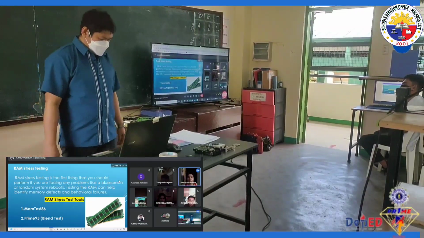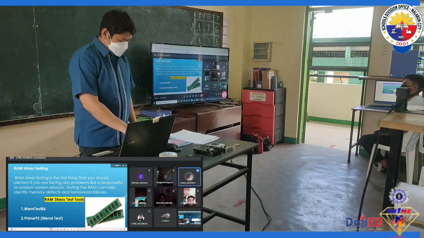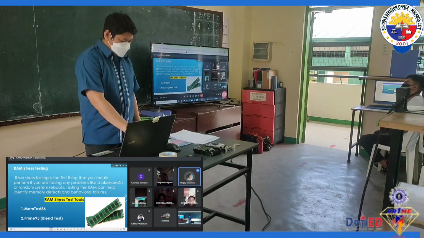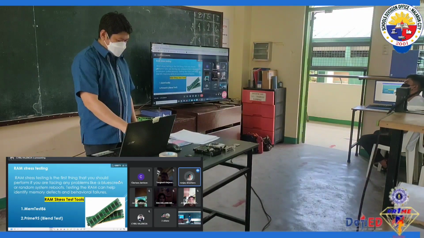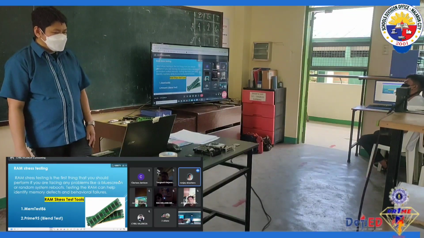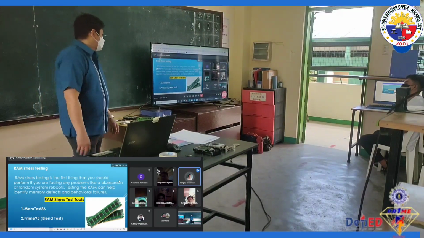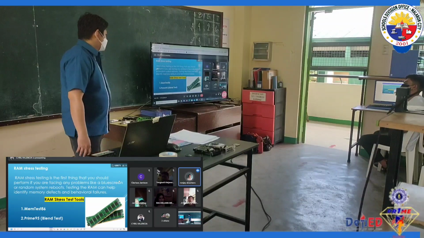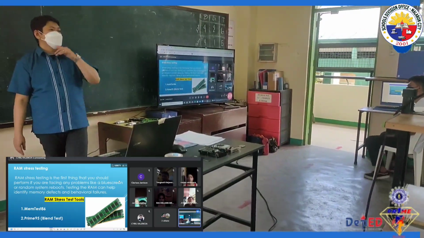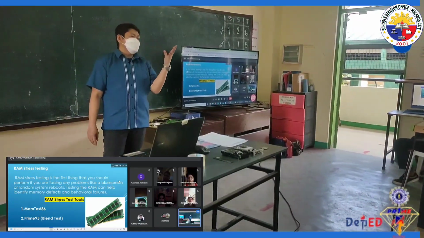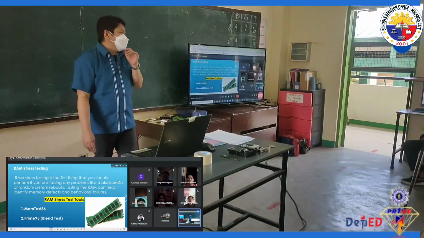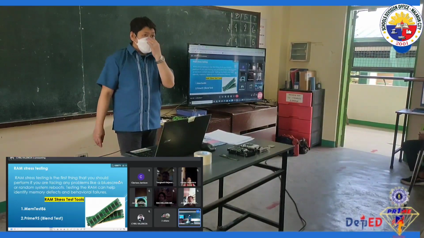RAM stress testing. RAM stress testing is the first thing that you should perform if you are facing any problems like a blue screen or random system reboots. Testing the RAM can help identify memory defects and behavioral failures. Okay, so when we talk about the RAM, that's something to do with the computer memory. If your computer is running slow, perhaps a particular problem could be memory.